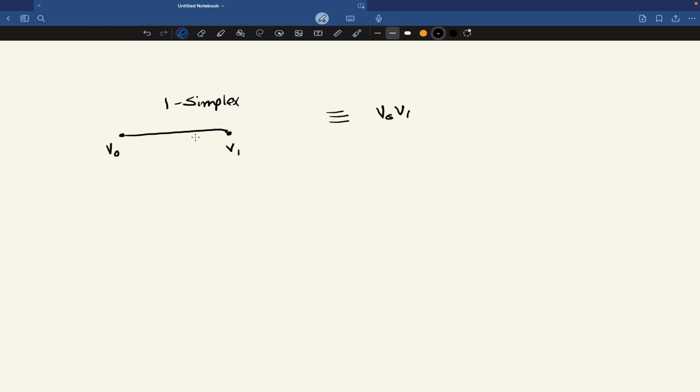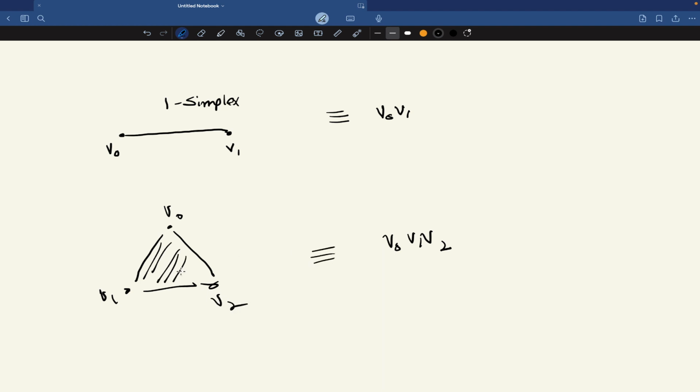When I write this simplex V0, V1, V2, the triangle is filled.